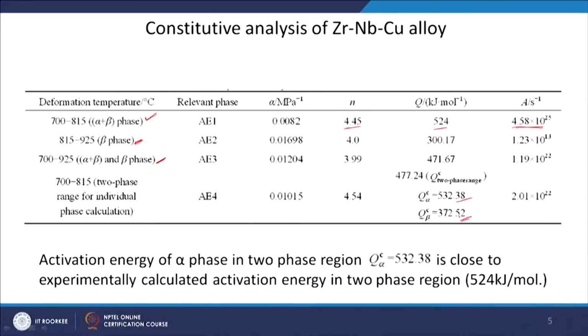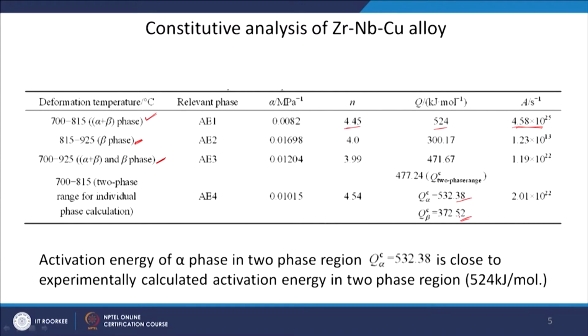So in the two phase region we also tried to divide into two phases, to see how independent phases will behave, and the activation energy for independent phases was calculated. The idea which we used here, I will just tell you in the next slide maybe.